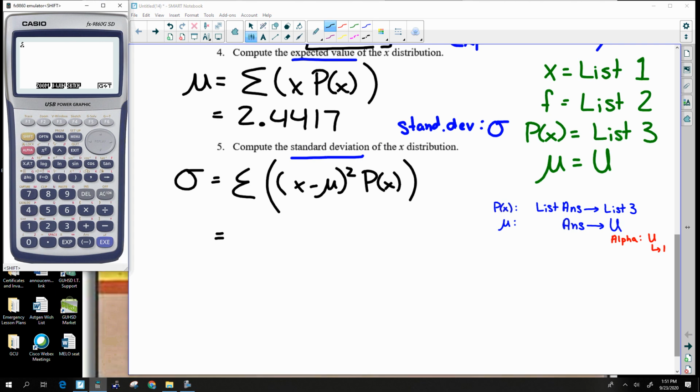So this is going to be the sum, open, open, x, which is list 1, minus mu, which is the letter U, closed, squared, px, which is list 3, closed. And that's it.